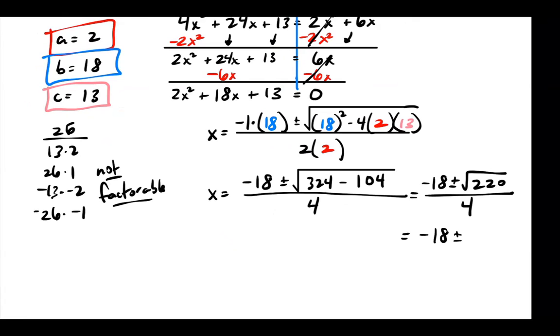So the square root of 220 is 14.832. Okay, so the 3 here says stay, so keep the 8 the way it was.